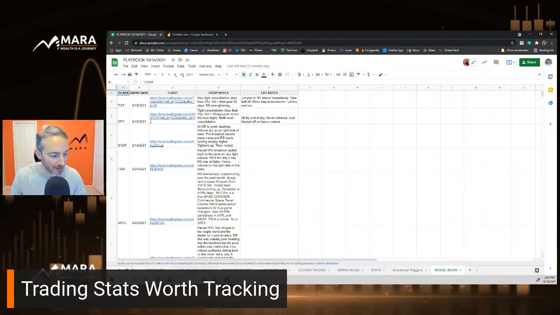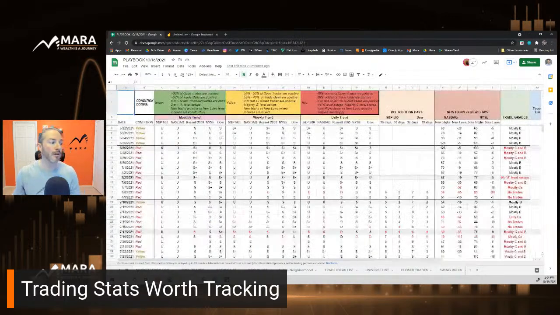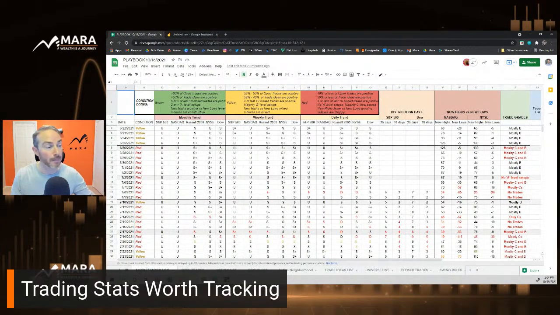And again, I encourage you guys to use Google Sheets. It's obviously a free application, and I think it's one of the best ways to keep a journal. If you're going to build a journal for yourself, it's the most customizable way to do it. So, yeah, last time we spoke a lot about market mood.